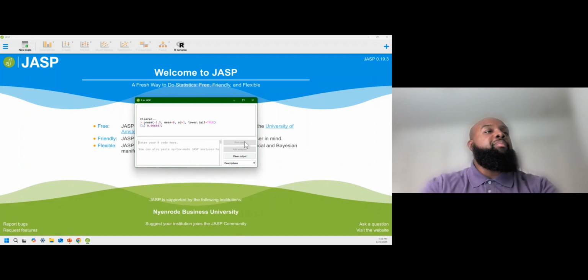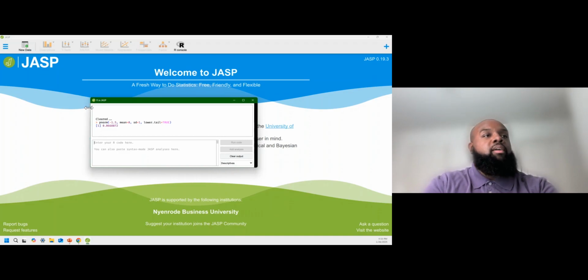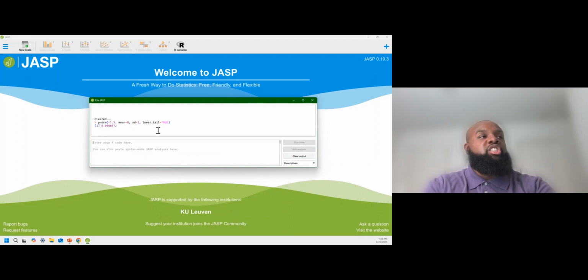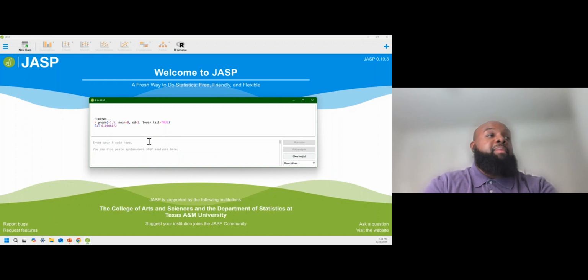I think this may be some sort of a bug in pulling R into JASP. But usually, if you clear out your output and then enter your data again, it may be best that you just clear it when you first start so that you won't run into that issue, right?